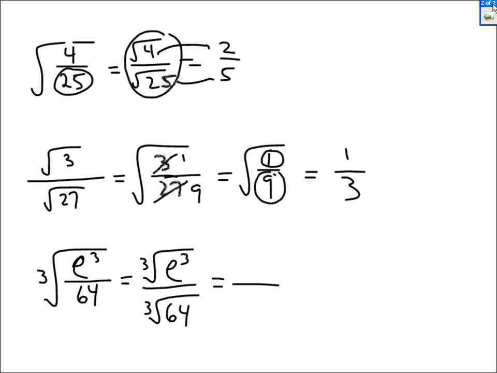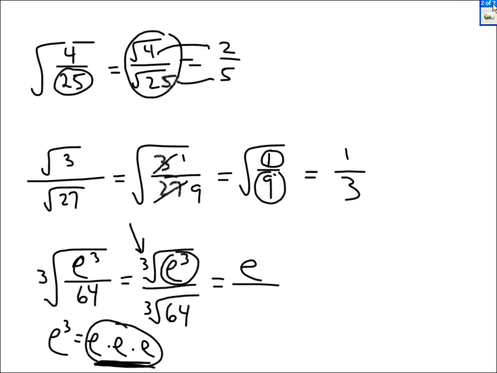The numerator is asking, what times itself 3 times gives me e cubed? Now remember, e cubed is e times e times e. So what times itself 3 times gives me this? Well, the answer is right there. It's e. E times itself 3 times gives me e cubed.